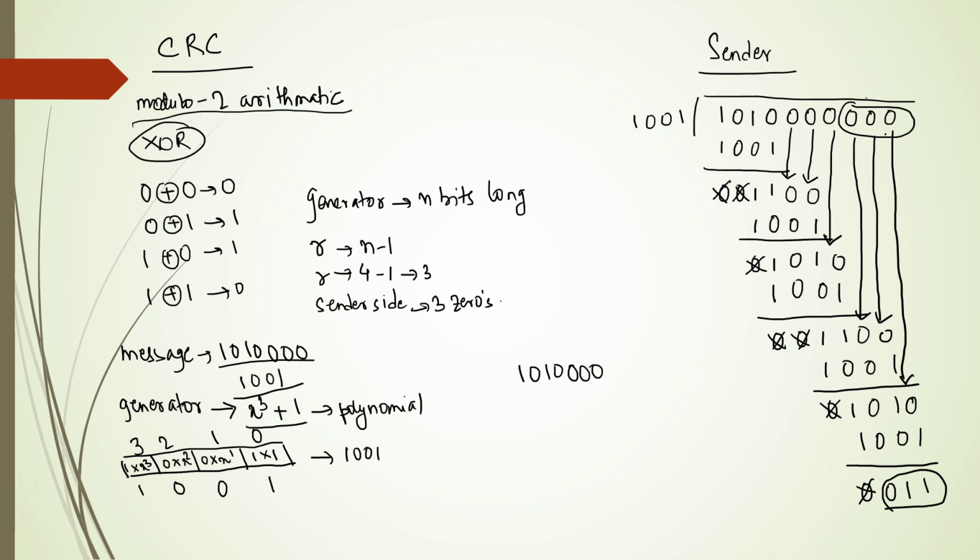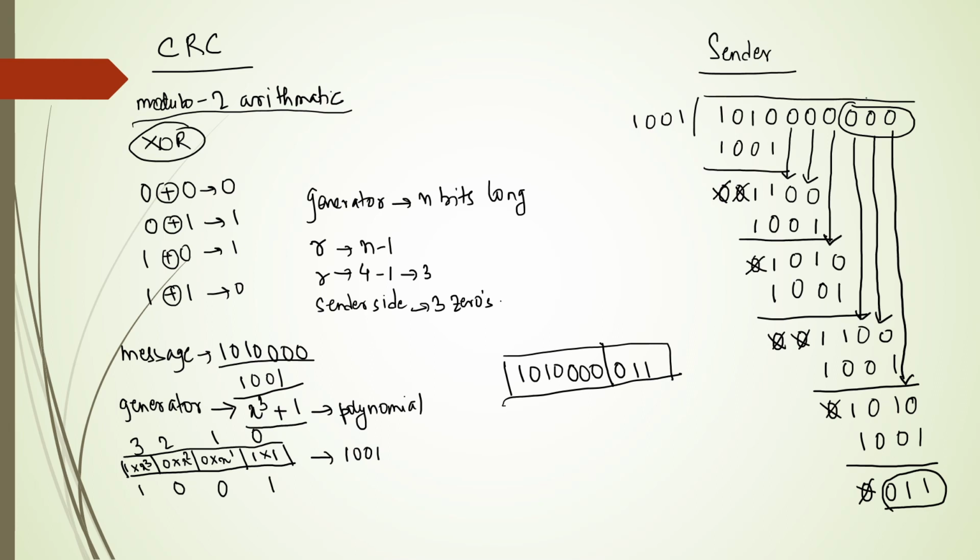Because we have added 3 CRC bits, so the remainder should be of 3 bits. So what we will do here, we will just add 0 1 1, right, like this. This will be done just to segregate the data and the CRC bits, and this data will be sent to the receiver side. Am I clear till this?